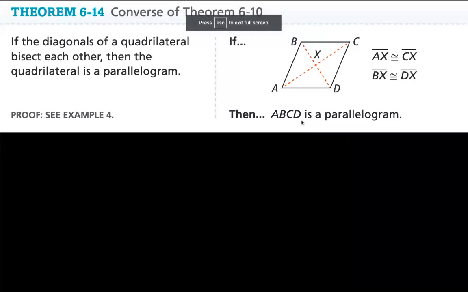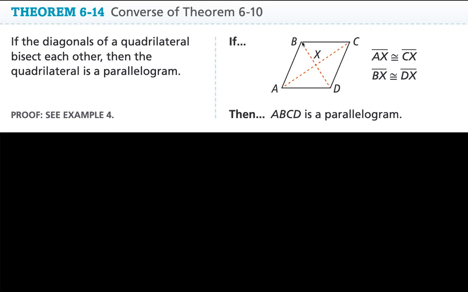So what did we say in lesson 6-3? If you have a parallelogram, that was the hypothesis, then the diagonals bisect each other. And what does bisect each other mean? That one diagonal divides the other one into two congruent parts. So for example, AC, let me use my drawing tool right here.